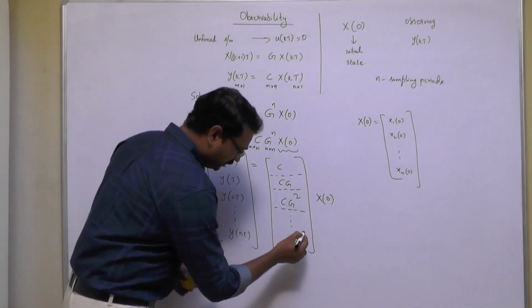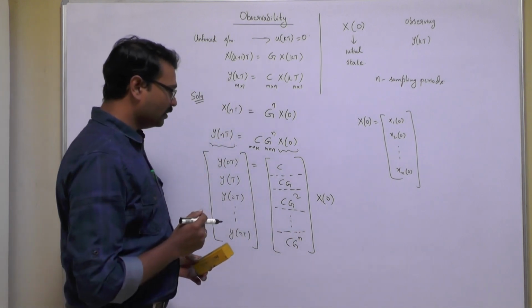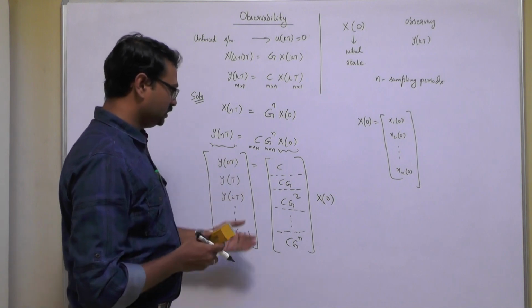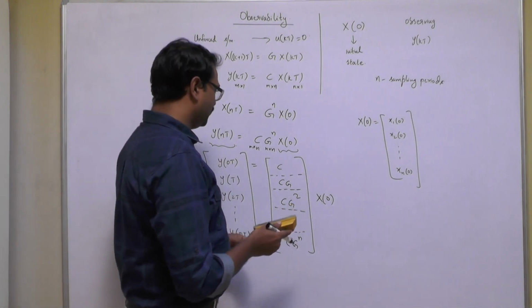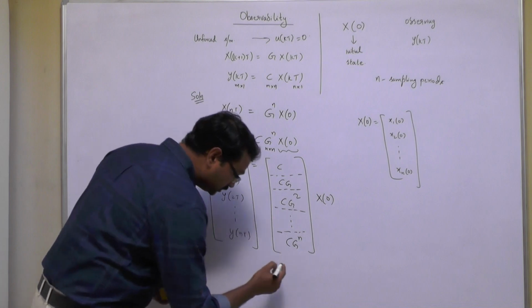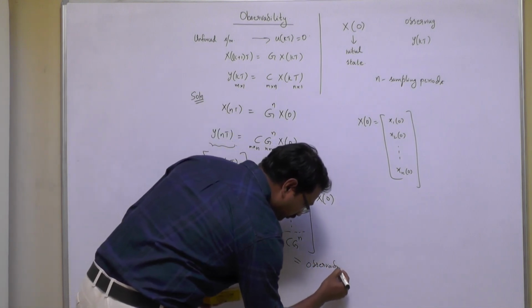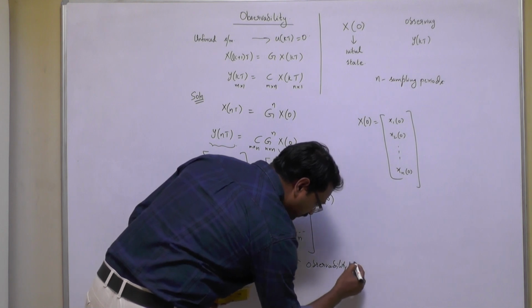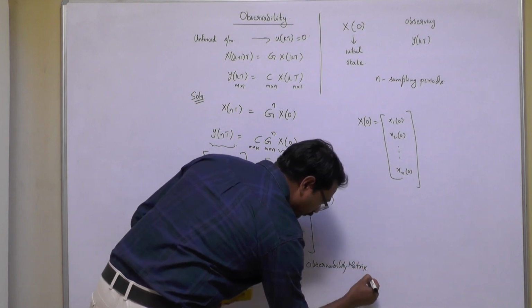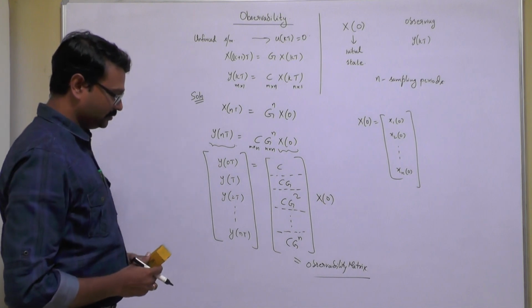So eventually, you will have this equation, and this is called the observability matrix here. This is called the observability matrix.